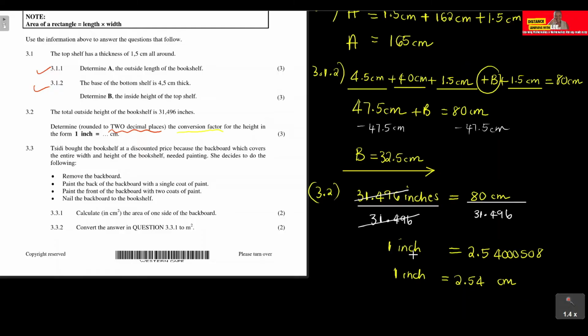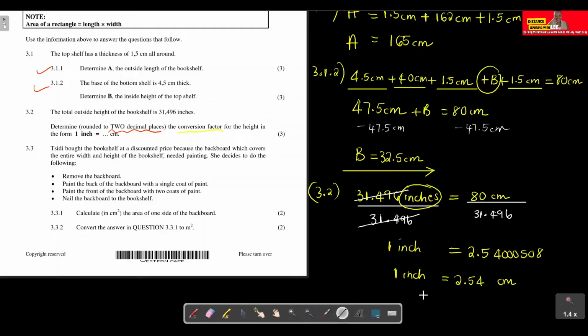Guys, here you need to basically take into consideration, you want to have these inches here. That is why we're not dividing by the unit inches. Okay, we're just dividing by 31.496. Okay, and that is basically what that question was asking from us. Okay, that is your final answer.